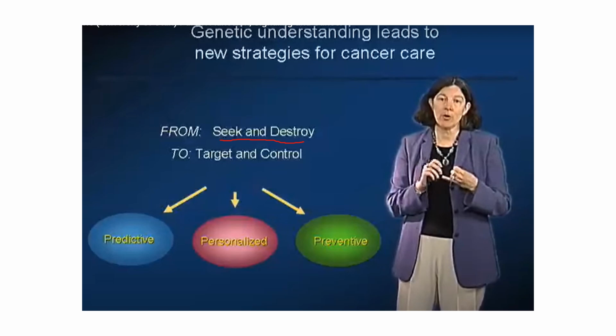So the idea is to move from attacking all the cells to just attacking the cancer, with a more oriented response, attacking that particular tumor. So it becomes more personalized, because some treatments don't work for some people, while other treatments work for other people.